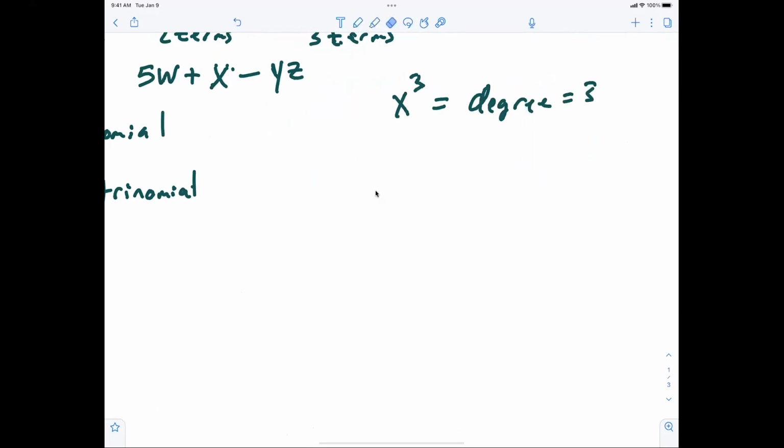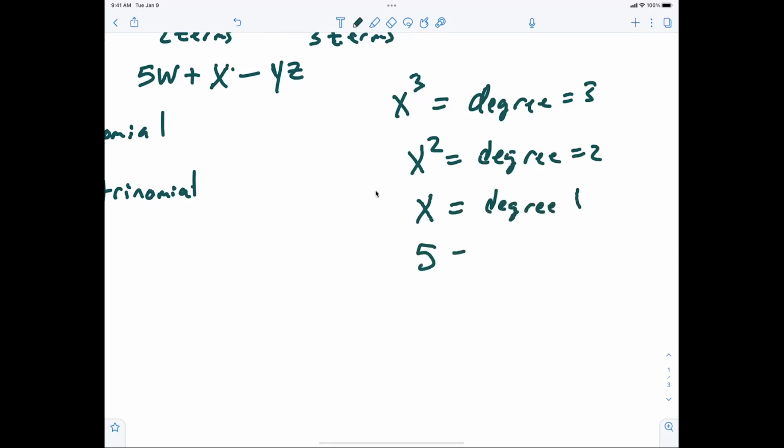Very good. If I said x squared, the degree is going to be what? 2. If I say x, the degree is what? 1. Good job. If I say 5, the degree is what? Follow the pattern. What's the degree?